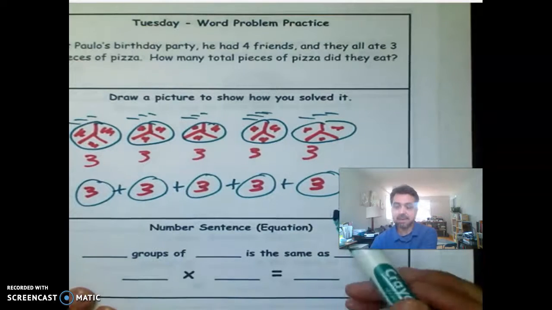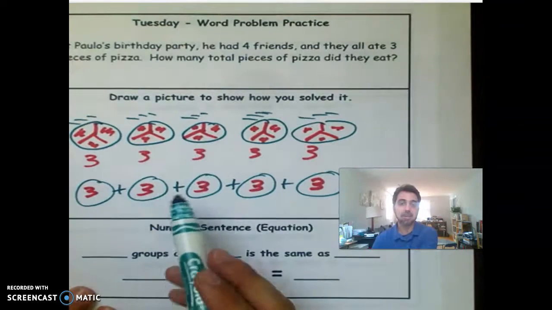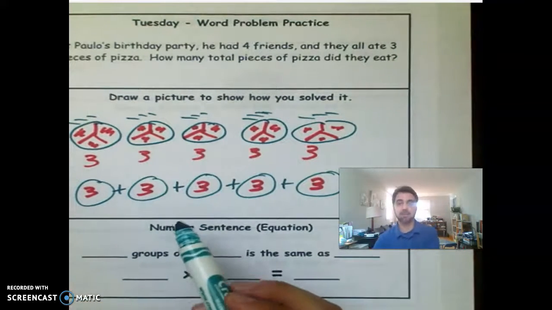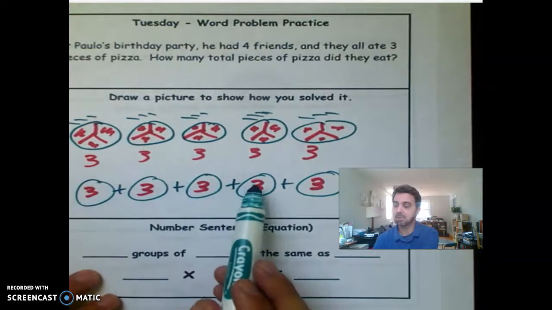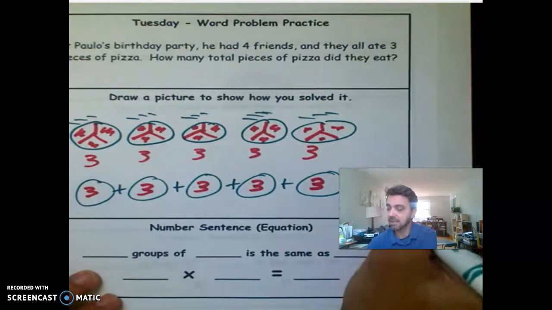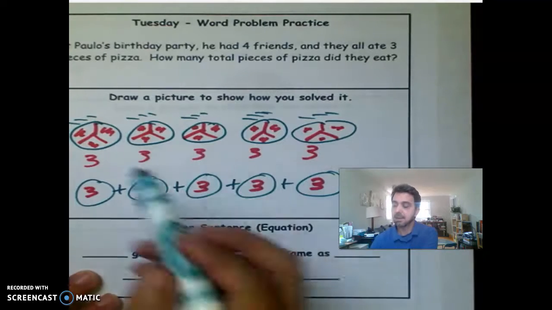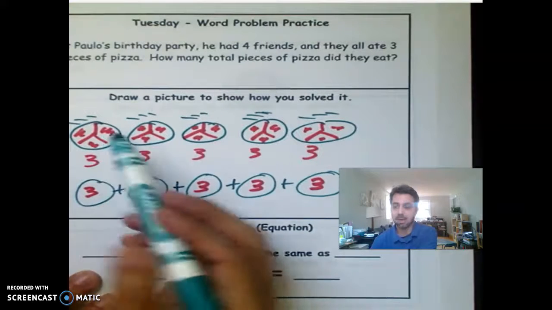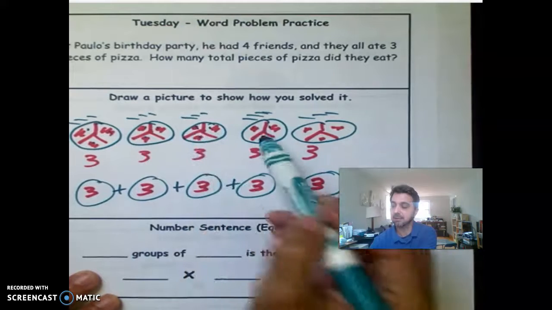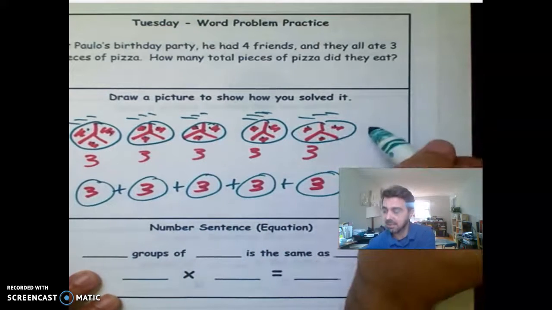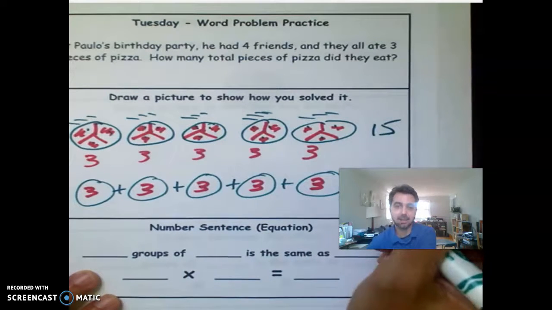So 5 of them ate 3 pieces. So again, remember yesterday I said skip counting is really helpful. So 3, 6, 9, 12, that would be 15. That's what I got. Now up here, you could actually count the number. There's 1, 2, 3, 4, 5, 6, 7, 8, 9, 10, 11, 12, 13, 14, 15. So I got 15 up here and down here.